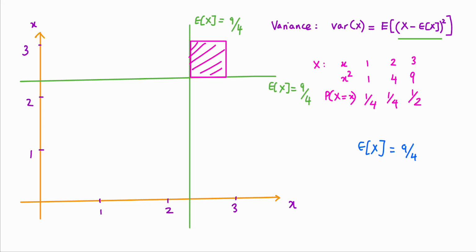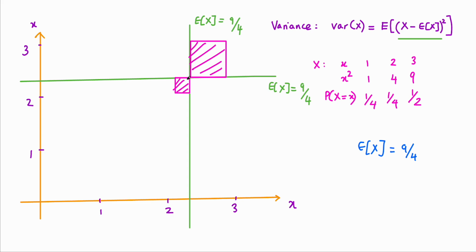And what are the other 2 cases? Well, the second value of the random variable is 2. And what is its distance from the expectation? Well, this is the distance, and on the y-axis, this would be the distance. And so if we had to visualize this, this is going to be this tiny little square here. Awesome.